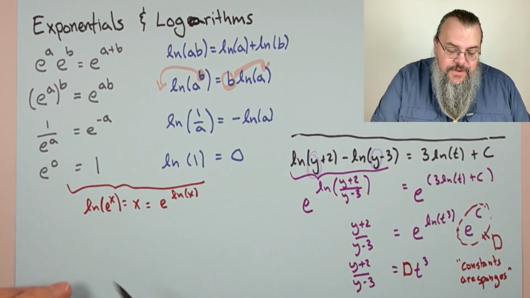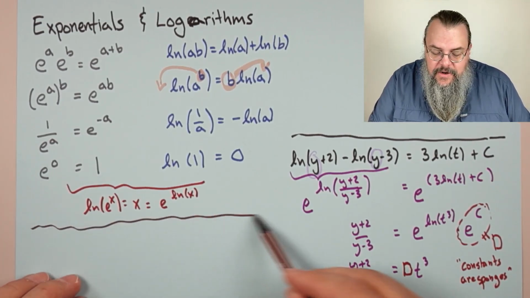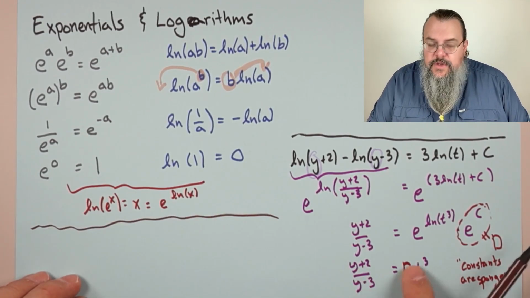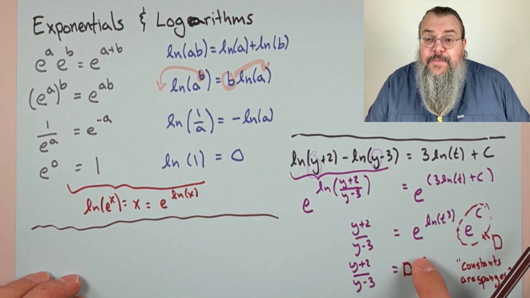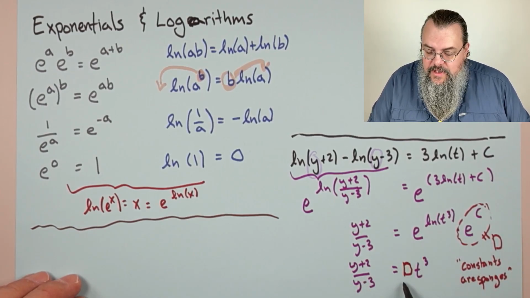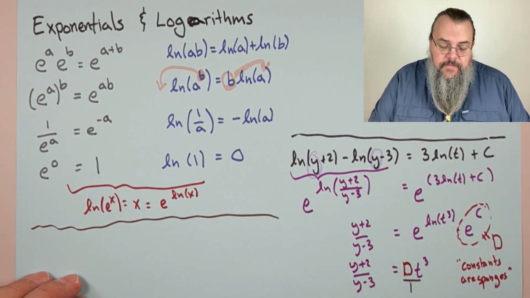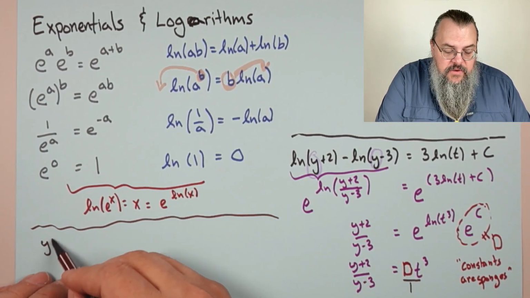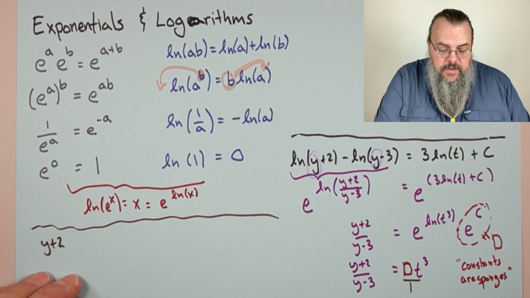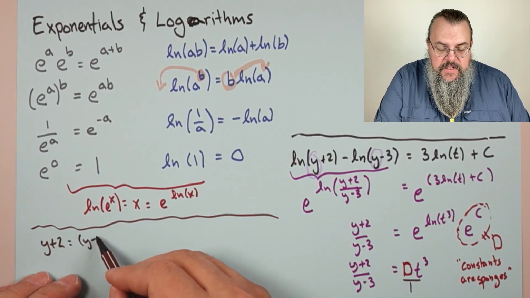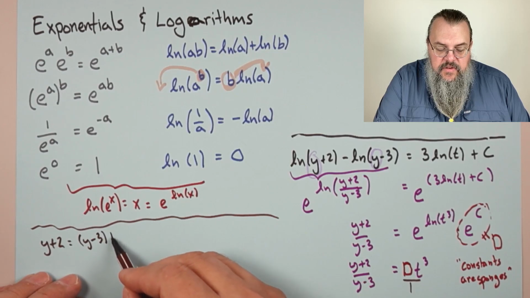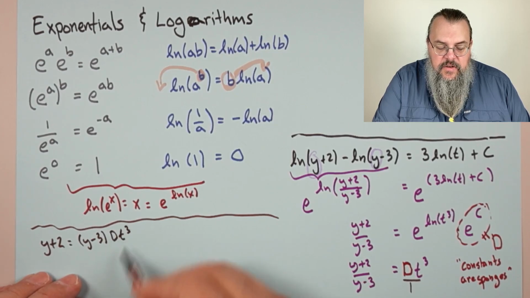So we'll clear out our fractions. You can call it cross multiplying. If you think of this D over D t cubed over 1, you cross multiply, and we end up with y plus 2 is equal to y minus 3 times this D times t cubed.